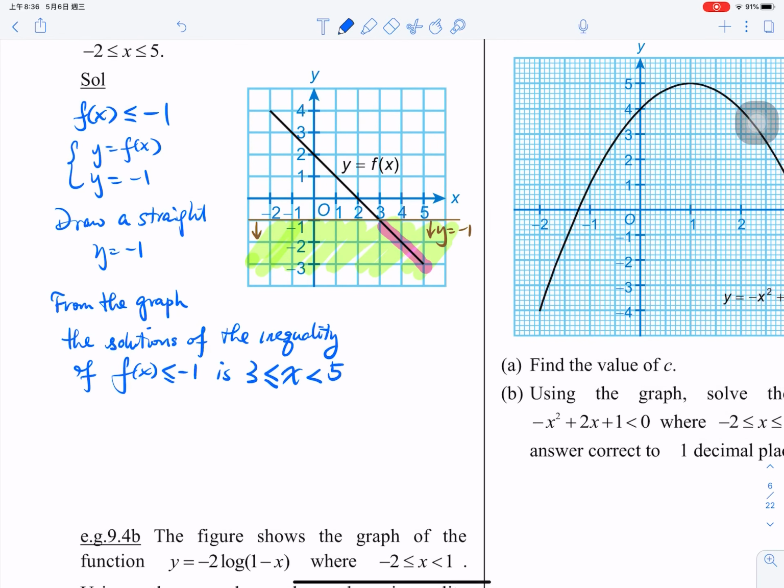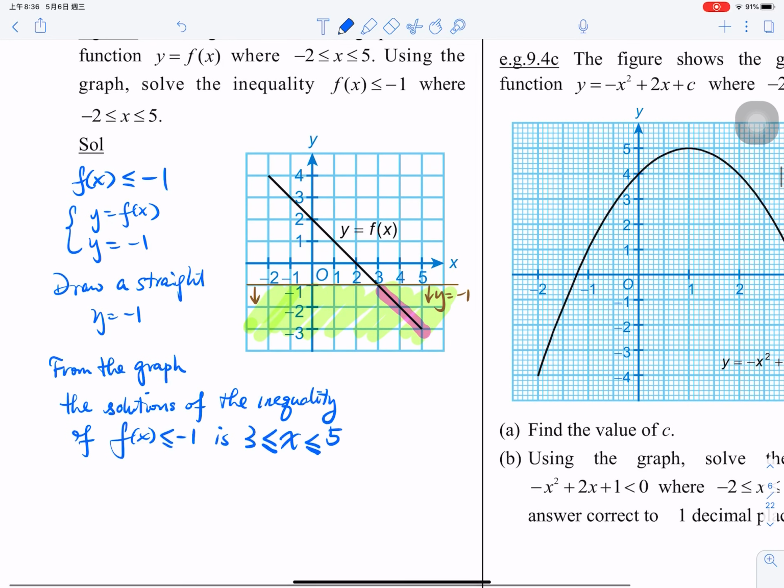This time including the endpoints, because the inequality sign is smaller or equal to, so you have the equal sign this time.